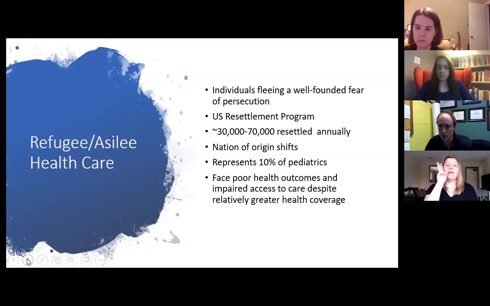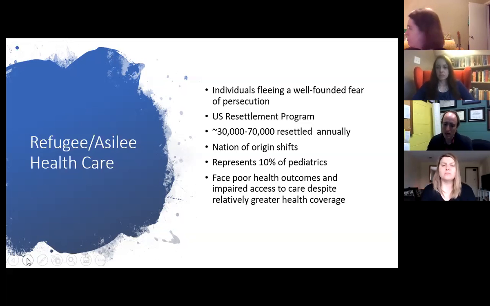The numbers have been pretty variable, peaking at about 70,000 individuals resettled annually. It's important to realize that it's always shifting, just as areas of conflict are changing very rapidly. Where refugees are resettled to is changing quite a bit.